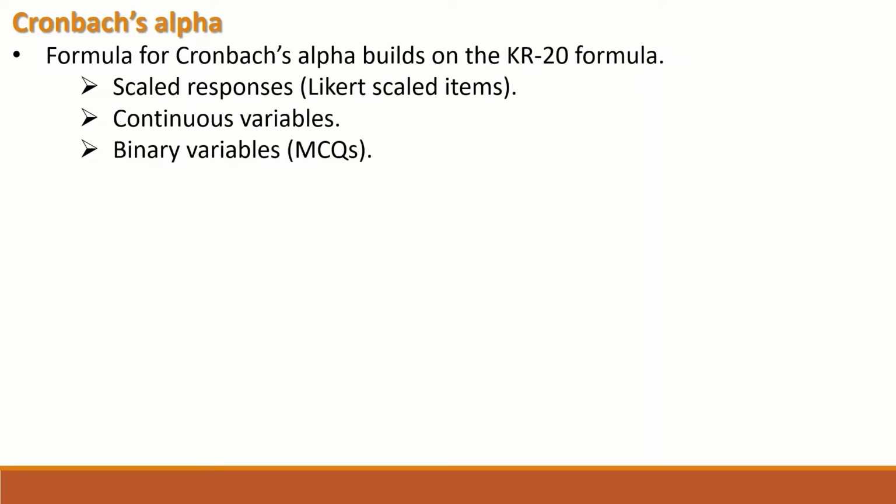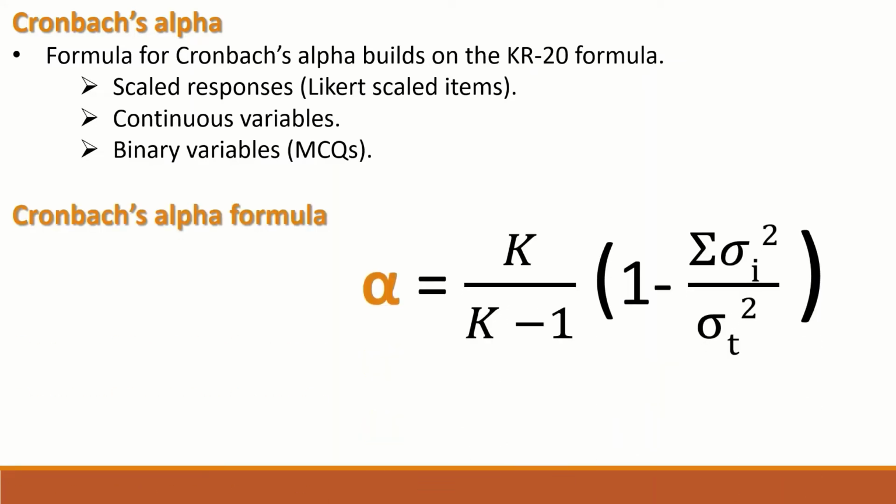Cronbach's alpha formula or equation is: alpha is equal to k divided by k minus 1 multiplied by 1 minus the summation of the variances for each individual item divided by the variance for the total score.